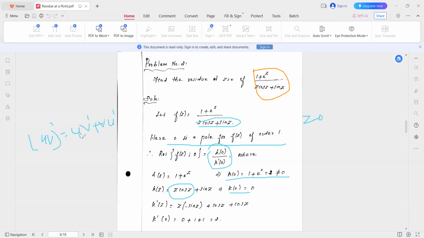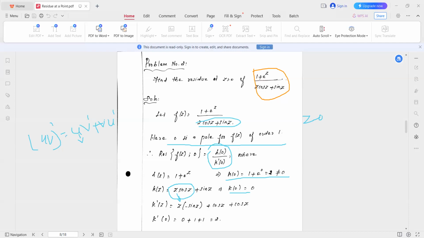First we fix the term U and differentiate the second term, plus by fixing the second term, we differentiate the first term. So z will remain as z, and differentiating cos z gives minus sin z.